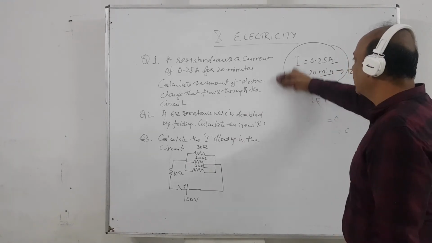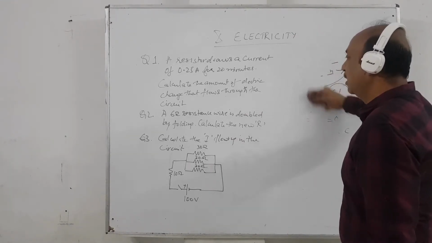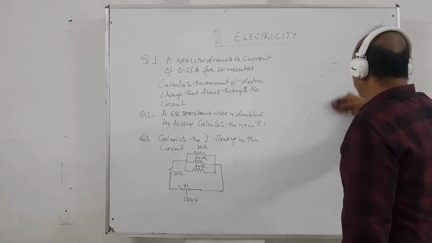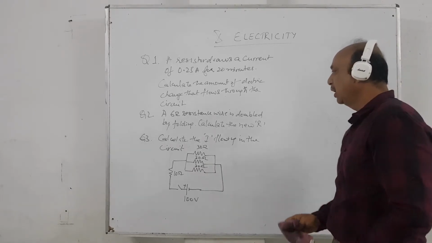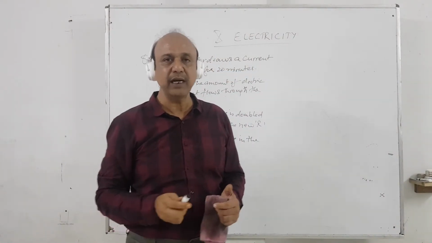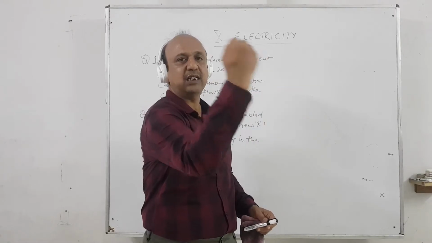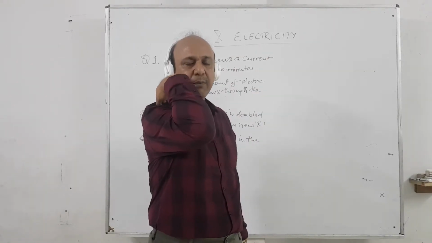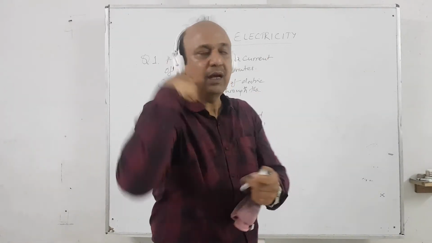A 6 ohm resistance is doubled by folding. Calculate the new resistance. Now just expect this is that resistance, now we have folded it. What happens? The length becomes half.